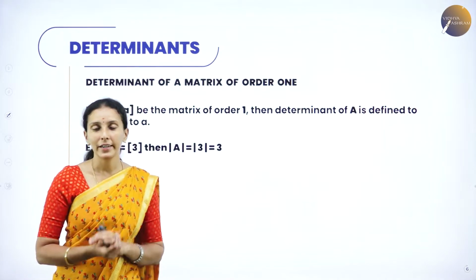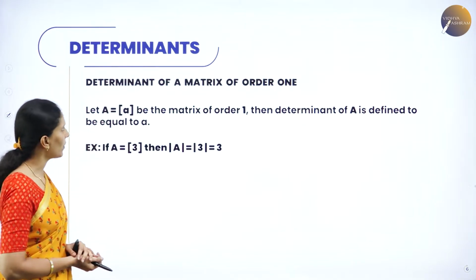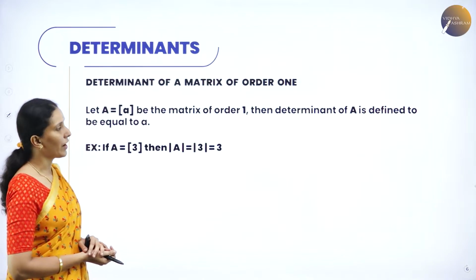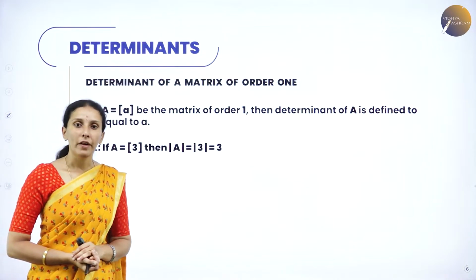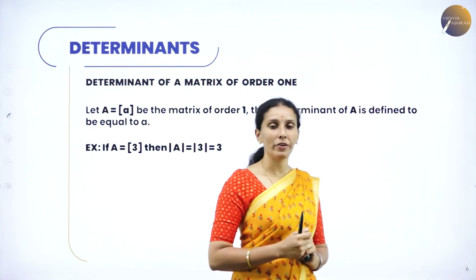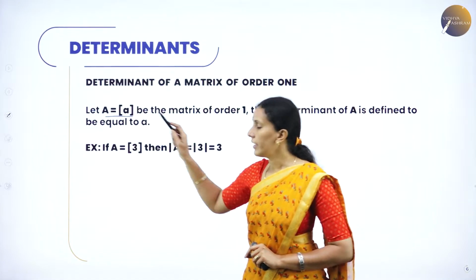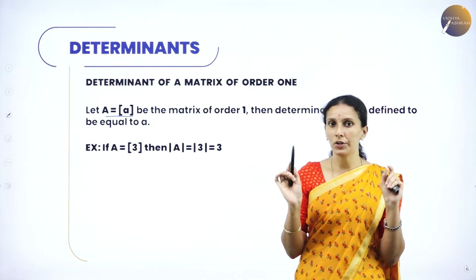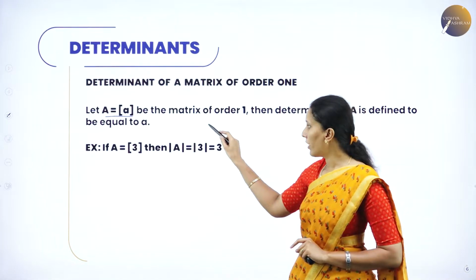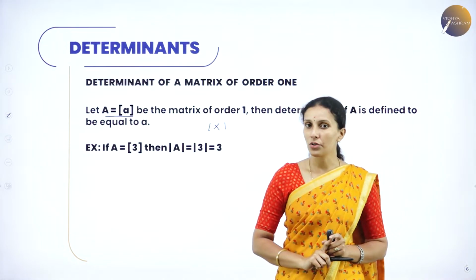Now, how do we find a determinant for a given square matrix? The first case is the determinant of a square matrix of order 1. Order 1 means a matrix contains only one single element, that is only one row and one column. Hence, the determinant, if it is denoted as A is equal to some matrix A of order 1 cross 1, means you have only one element in the square matrix.